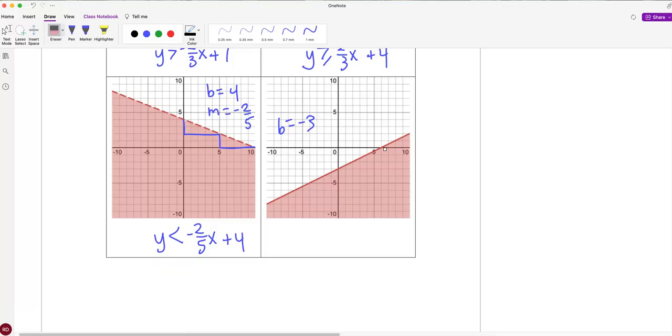That would be 3/6 or 1/2. So the slope is 1/2. Up 1 over 2, up 1 over 2. So this is y equals 1/2 x minus 3. And I'm shading below that line, and it's a solid line.